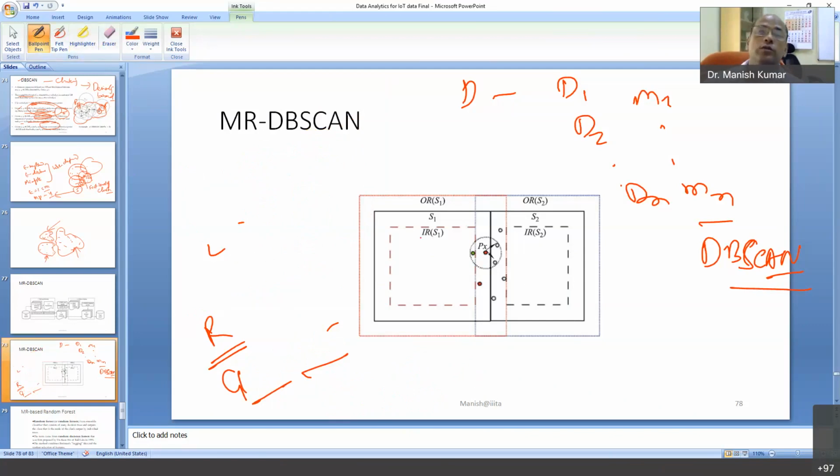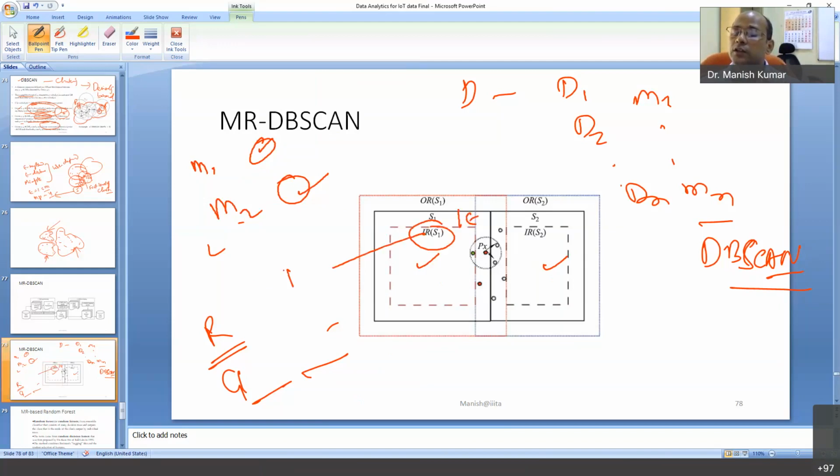As I told you, I'll consider the cluster of this and the cluster of this. Then with epsilon distance, I'll generate the inner region, and with epsilon distance of this, I'll go for the outer region.